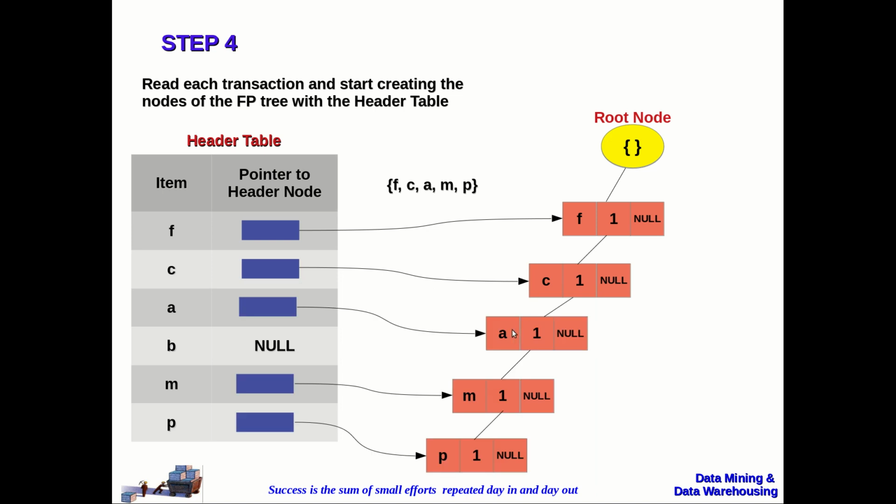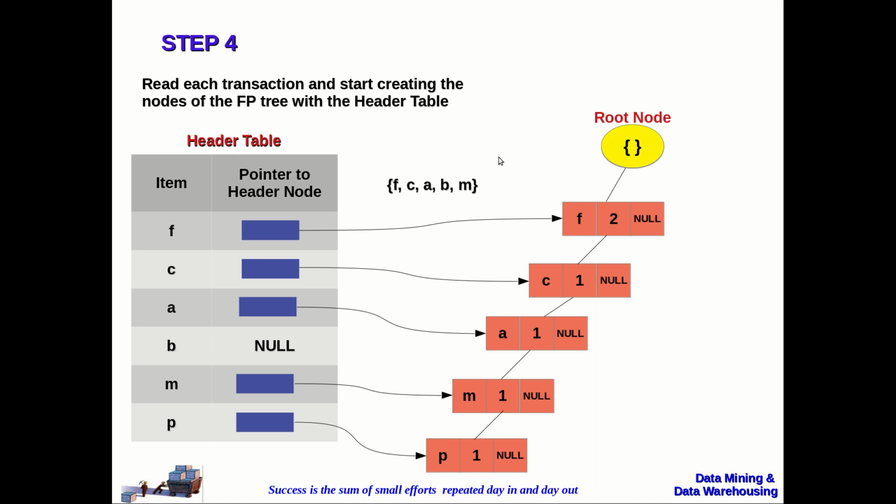In the same way we do for A, M and P. You can observe, this is the first path we have created for the transaction FCAMP. Since we have created only one node of each, the count is 1. So this is the first item created, second item, third item, fourth item and fifth item.